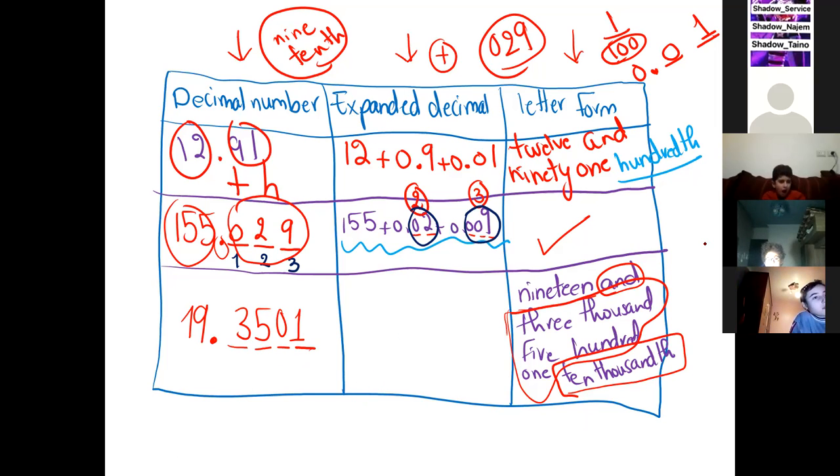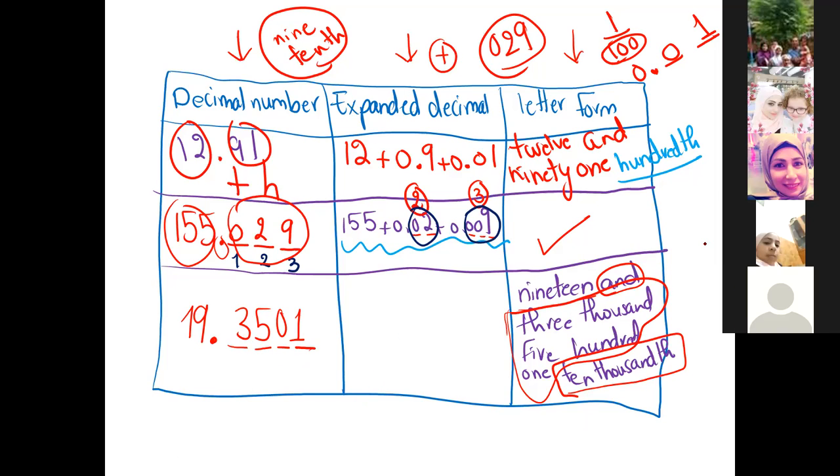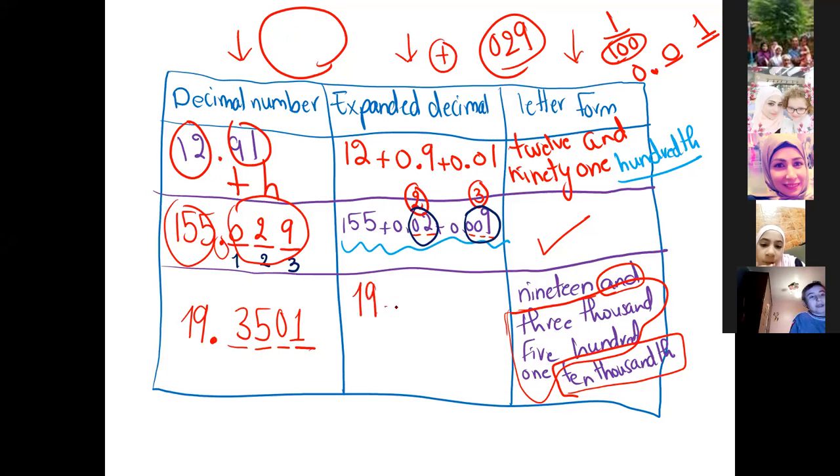Rasha, how do we write the expanded decimal of this number? 19 plus. Now you want to break them apart, Rasha, each digit in the decimal part alone.